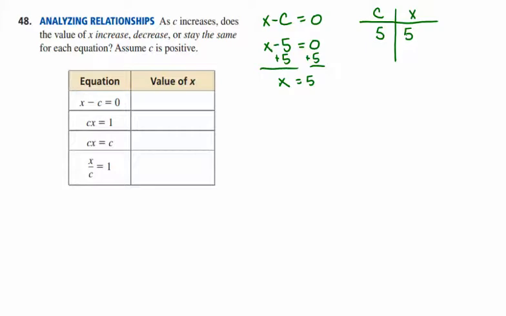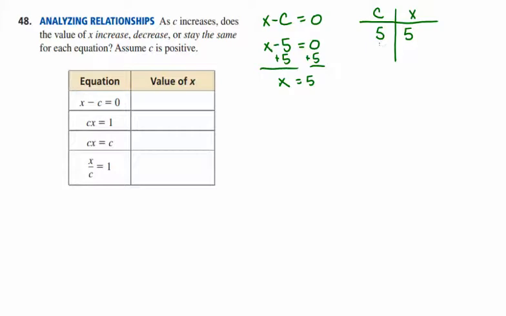Now what I want to know is, as c increases, what happens to the value of x? Does it also increase? Does it decrease? Or does it stay the same? So does x go up from 5, down from 5, or stay the same as 5? So let's pick another, increased value of c.